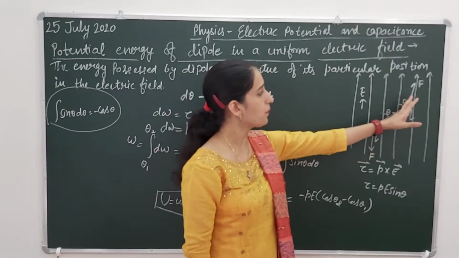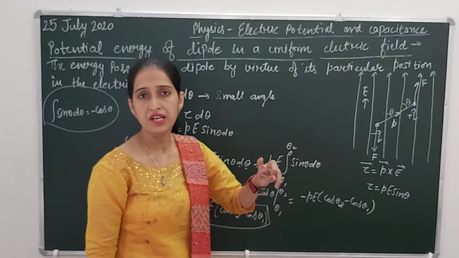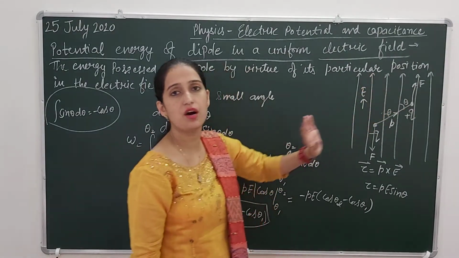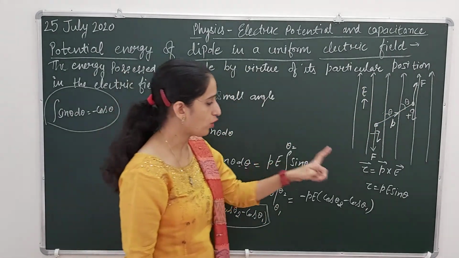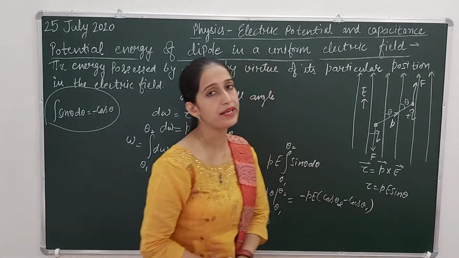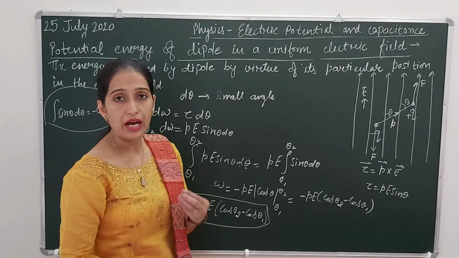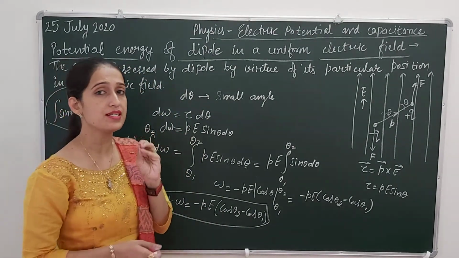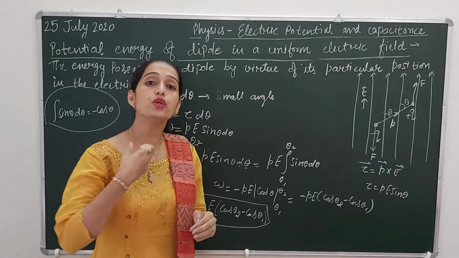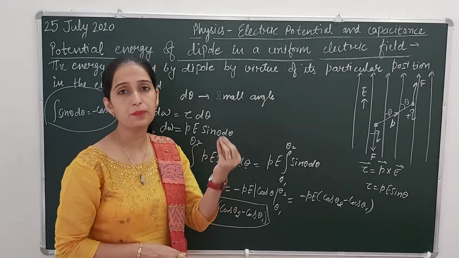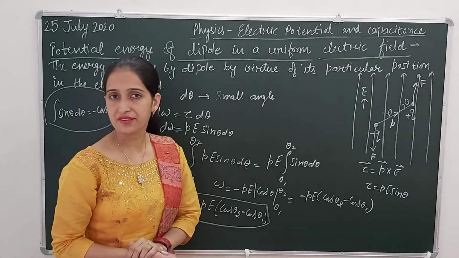These two equal and opposite forces make tau, which tries to rotate the dipole in the direction of the electric field, and that tau is given by P cross E, or we can say tau is equal to Pe sin theta. Now potential energy is the energy possessed by the dipole by virtue of its particular position in the electric field.